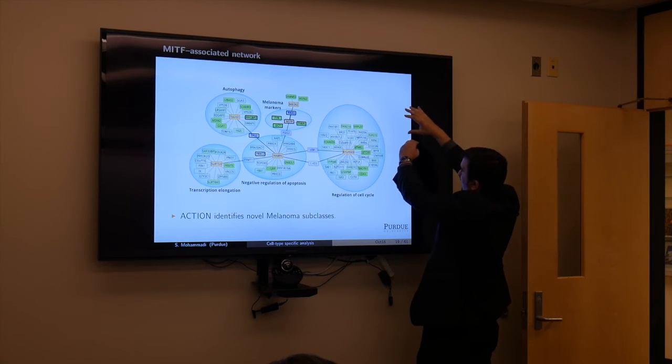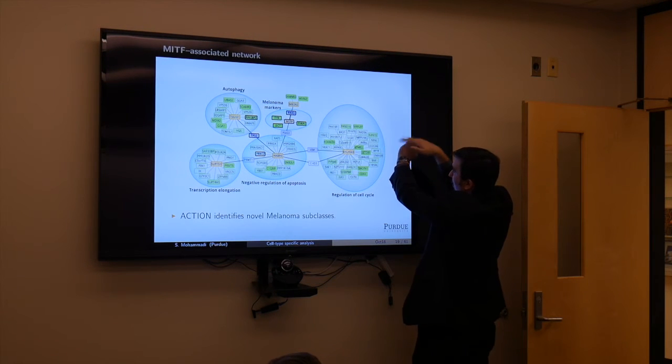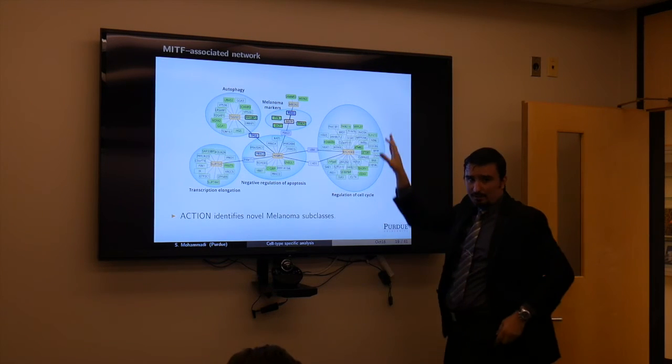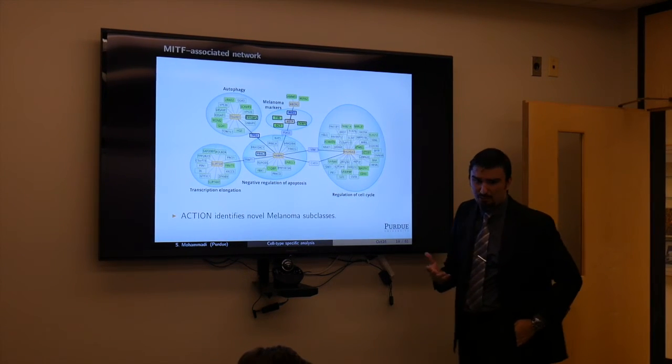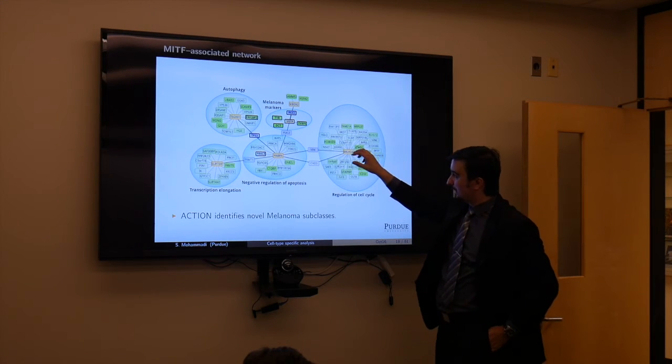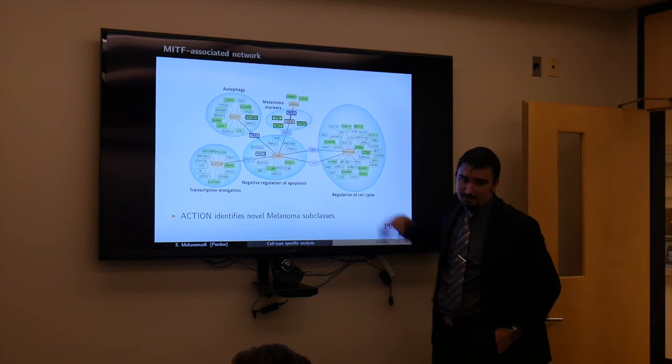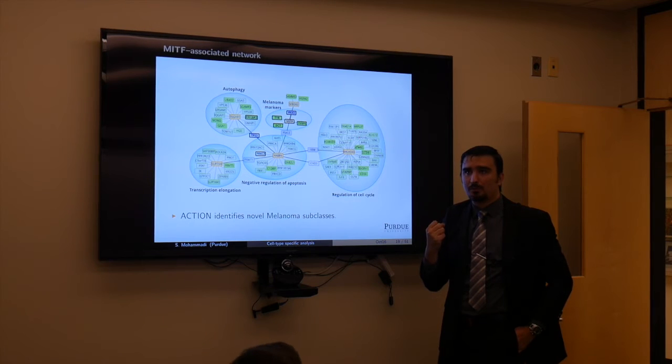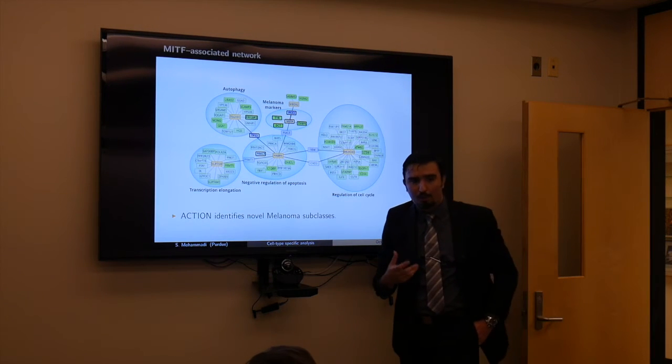This transcription factor has a lot of targets, some of them in top rank, some of them bottom rank. So the cut that gives us the best p-value, together with the targets in that top portion, is the network we are constructing. We say this transcription factor together with its high residual targets are part of this network.